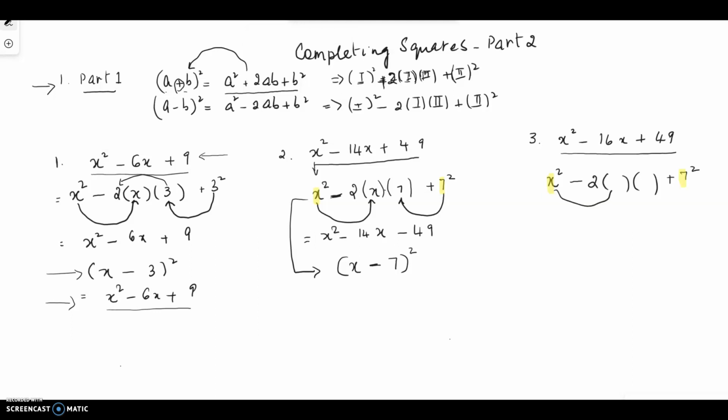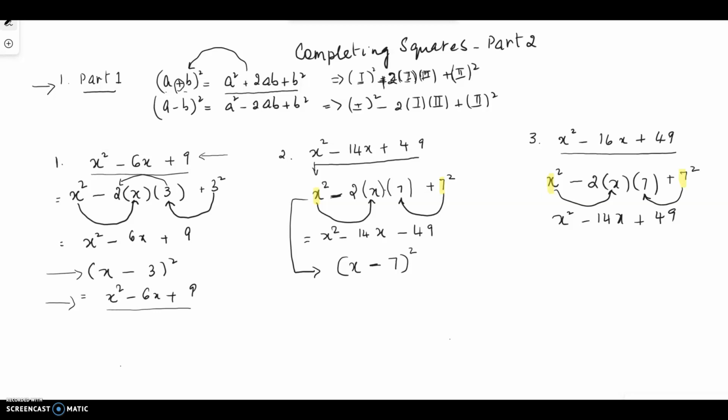So we want to put this here and this here. So that is x goes in the middle as the first term, and the second term is 7. So that is x squared minus 14x plus 49. Now, do you see that the first and last term were squares, and it looked promising.